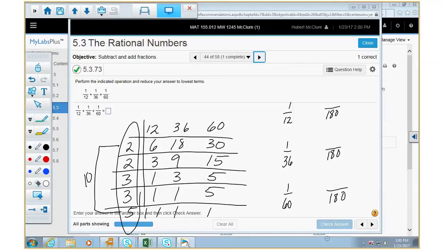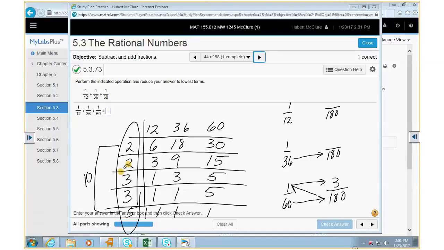Okay, y'all ready? How many times will 60 go into 180? 3 times. 3 times 1 is 3. How many times will 36 go into 180? 5 times. 5 times 1 is 5.